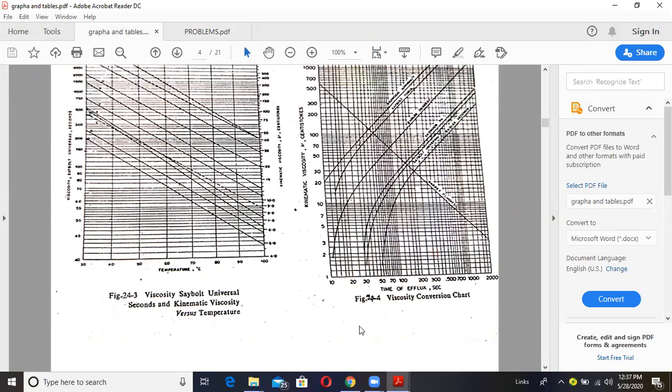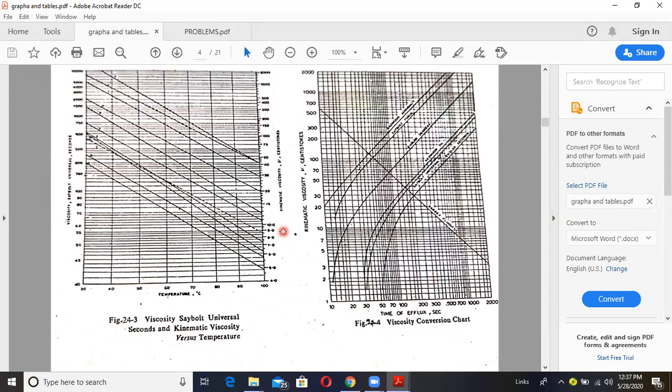Now here, if you see the figure, on the x-axis you have temperature, that is operating temperature. On the y-axis you have viscosity, Saybolt universal seconds, and on the other side it has kinematic viscosity, and you have a number of curves, that is A, B, C, D up to K.